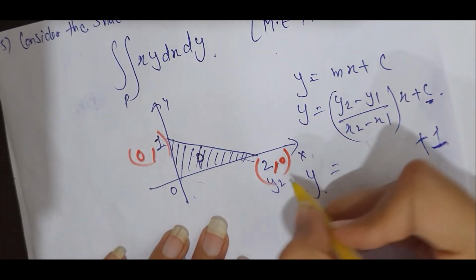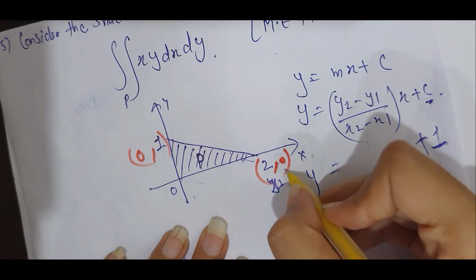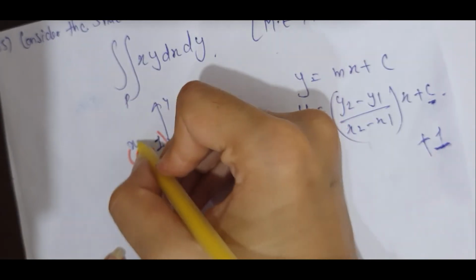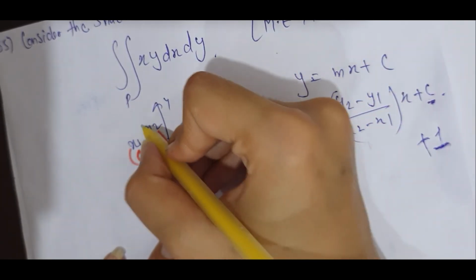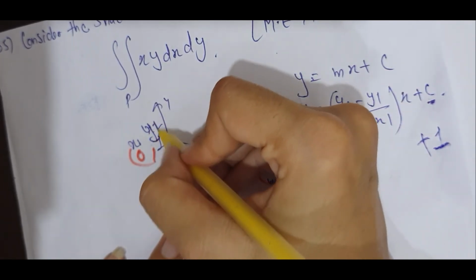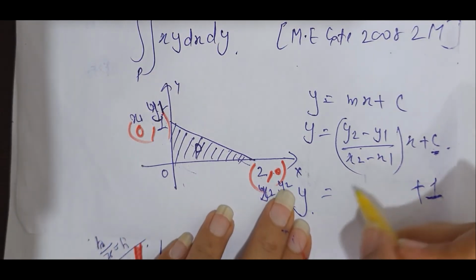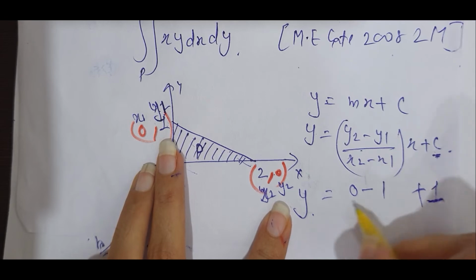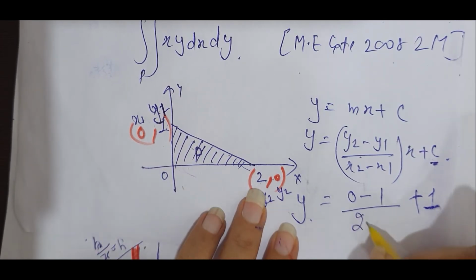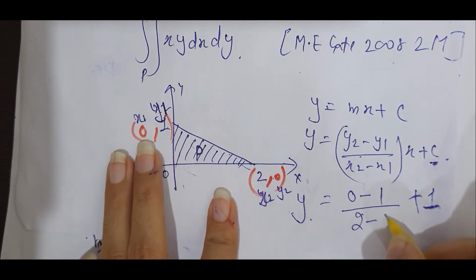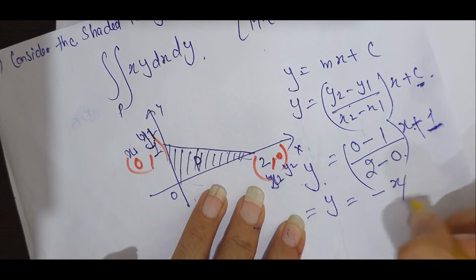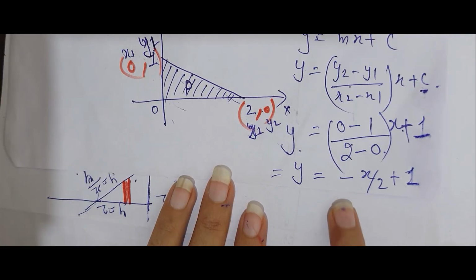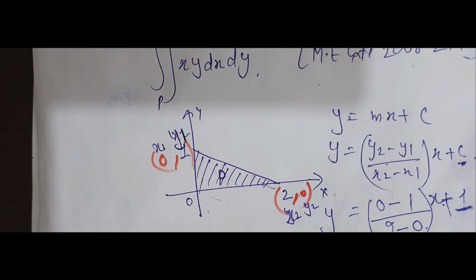Say this is x2, y2 and this is x1, y1. So y2 is 0 minus y1 which is 1, upon x2 which is 2 minus 0. So this comes out to be the equation of a line.